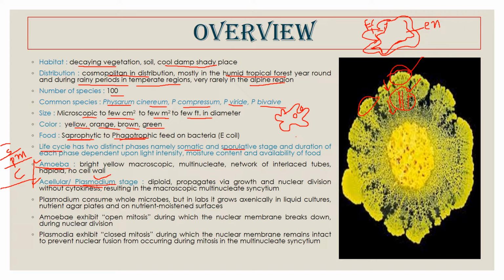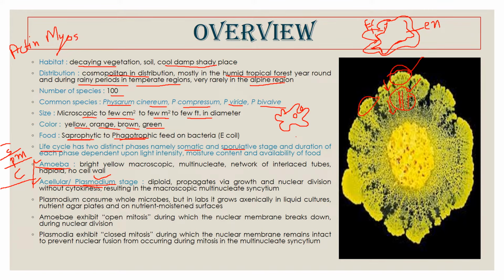Apart from showing streaming, it has many nuclei and Golgi, dictyosomes, and inclusions. Inclusions are stored food material, and apart from that, the most important thing is that the pseudopodial movement is caused by actin and myosin.